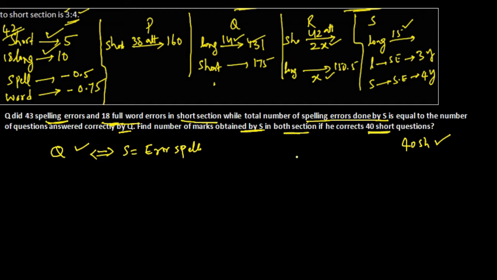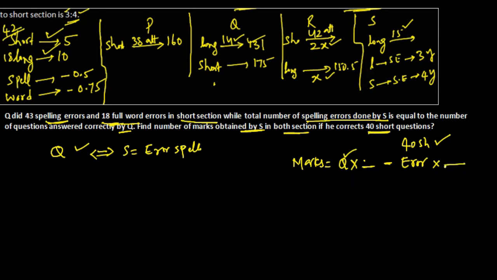First of all, I have a doubt. How do we find the marks? We'll find the marks in this way. Marks is equal to the number of correct questions, meaning you answered correctly, into the marks prescribed to it. So you know that the marks for a short question is 5 and the marks for a long question is 10. Then minus, you need to find out the errors: the number of errors and the marks towards errors.